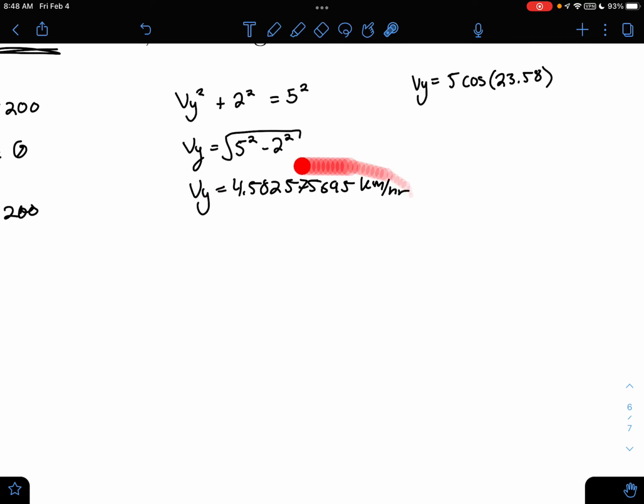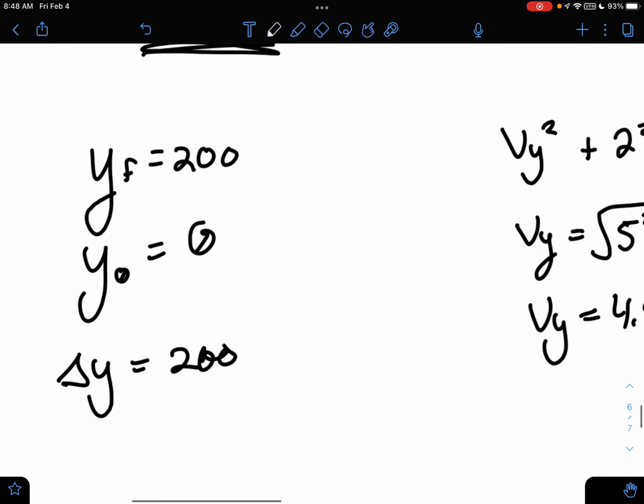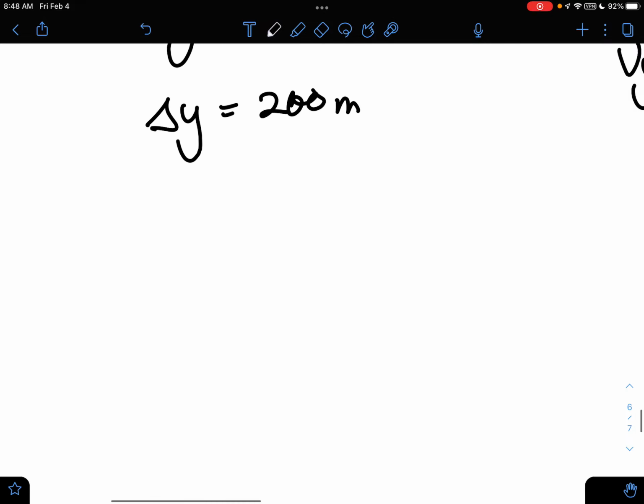So now we have how fast we're going, and we have the distance that we're traveling. But I see another problem, just briefly, as I'm writing it in. We have this in meters, and this is in kilometers per hour. This is slightly problematic because we want to keep consistent units, right?